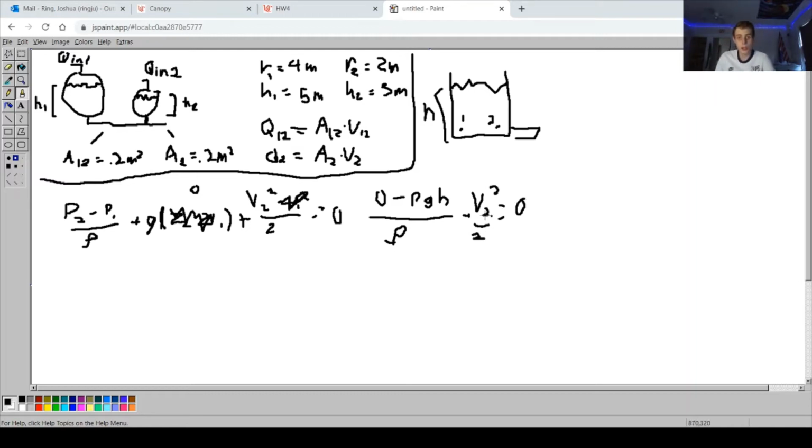Since we are solving for V, we can do a little bit of rearranging, by adding this over to the other side and multiplying by 2, and after that we get V equaling the square root of 2GH.